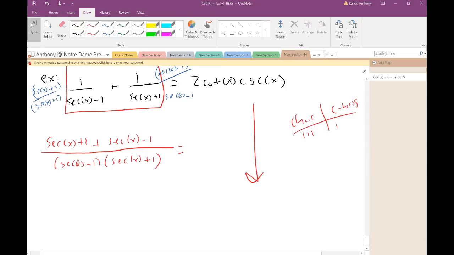Okay. So, what do you guys see to do now? We just made a common denominator. Let's FOIL the bottom out. I like that plan.